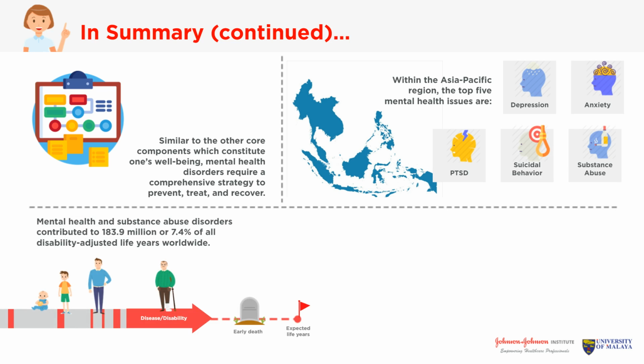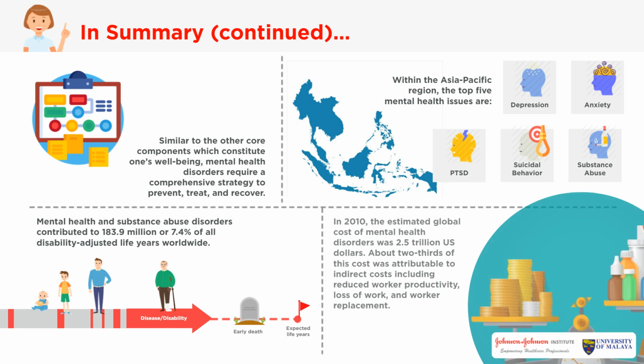Mental health and substance abuse disorders contributed to 183.9 million, or 7.4%, of all disability-adjusted life years worldwide. In 2010, the estimated global cost of mental health disorders was $2.5 trillion. About 2/3 of this cost was attributable to indirect costs, including reduced worker productivity, loss of work, and worker replacement.